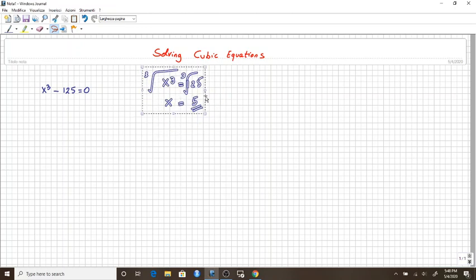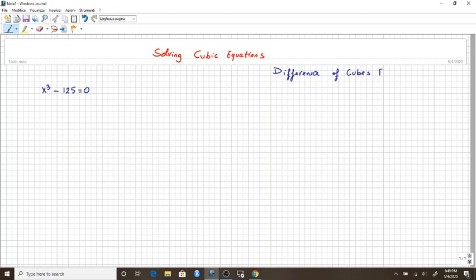The strategy I'm going to show you is to use the formula for the difference of cubes. This x cubed minus 125 represents a difference of cubes. Okay? So let me write down here on the right hand side the difference of cubes formula.